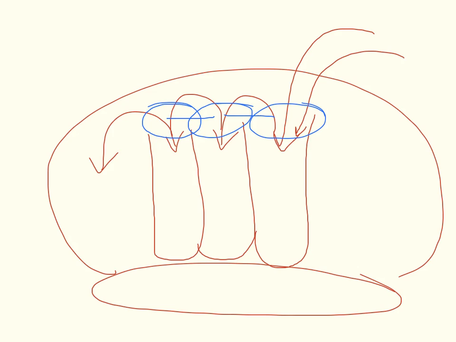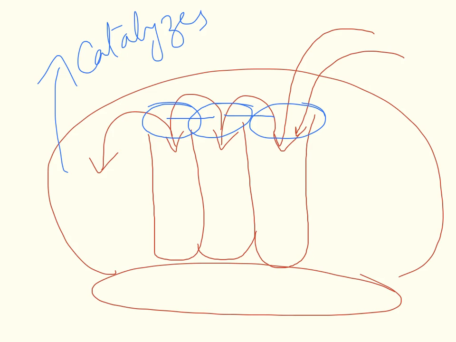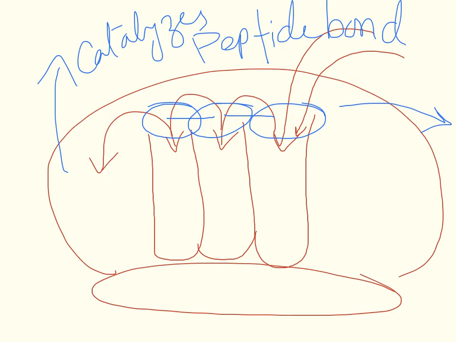The ribosome itself catalyzes the peptide bond formation as well. Every time a new tRNA comes in, the ribosome slides over and the peptide bond keeps forming, and this process is known as elongation.